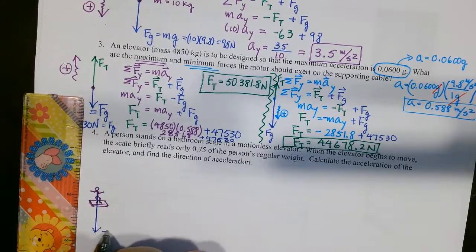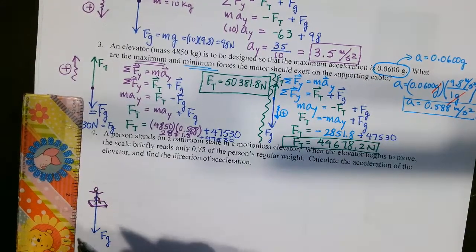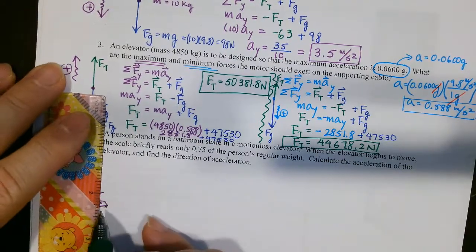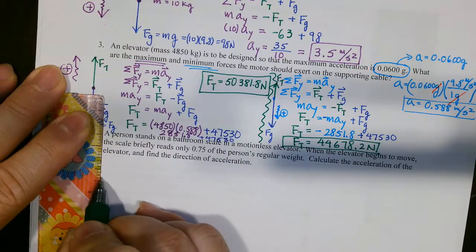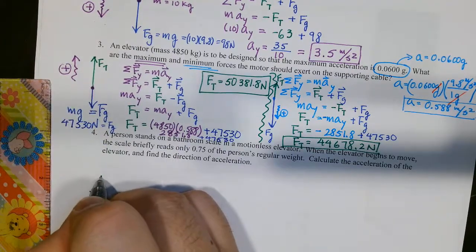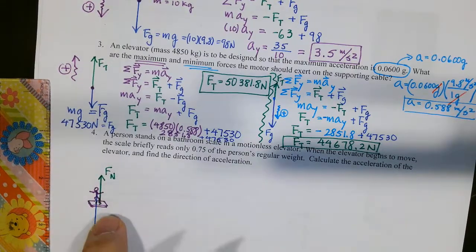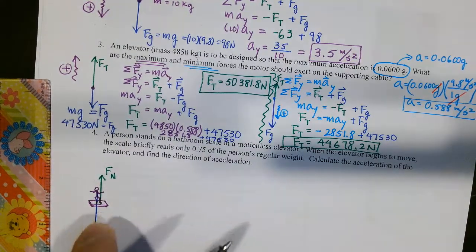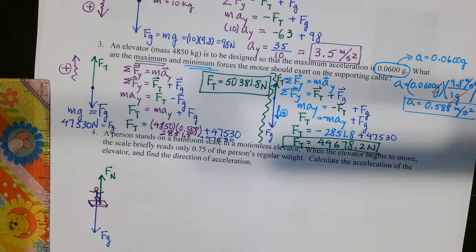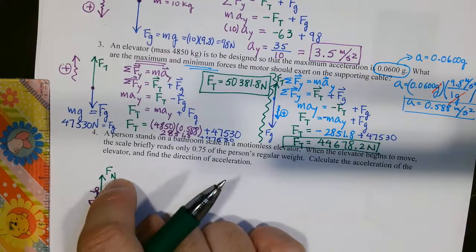So here's the FG of the person. Then, what's supporting that person? That support force is the normal force, F normal, on the person by the scale. Okay? This is what the bathroom scale reads.